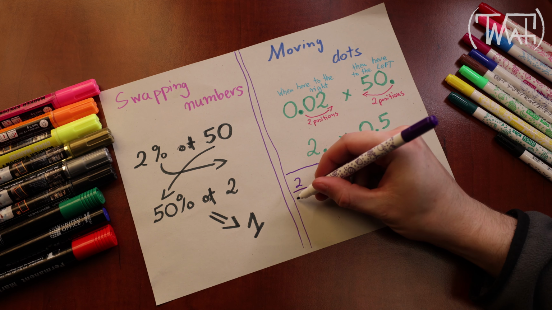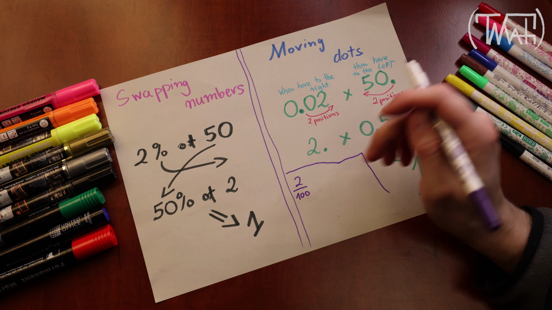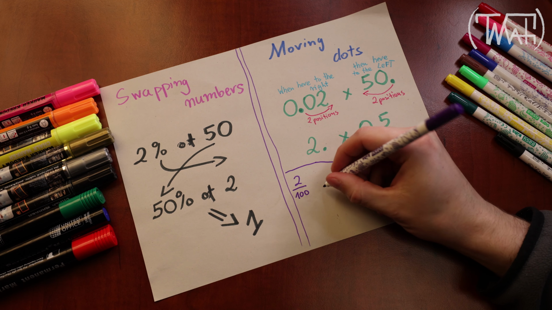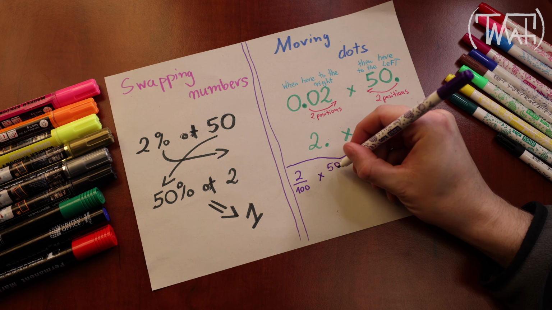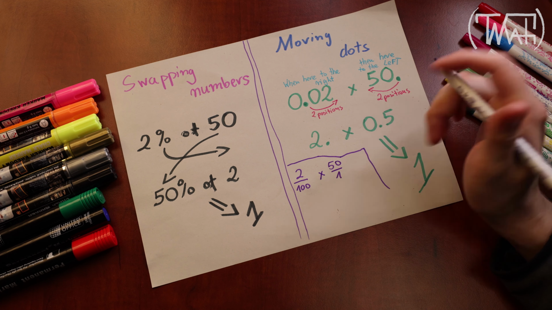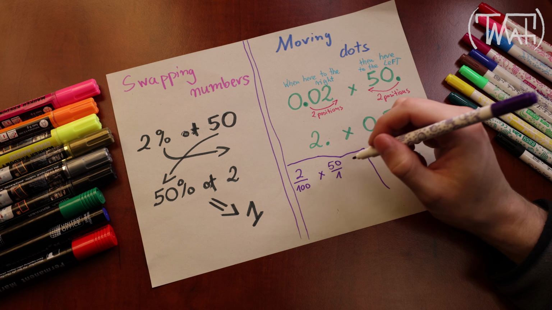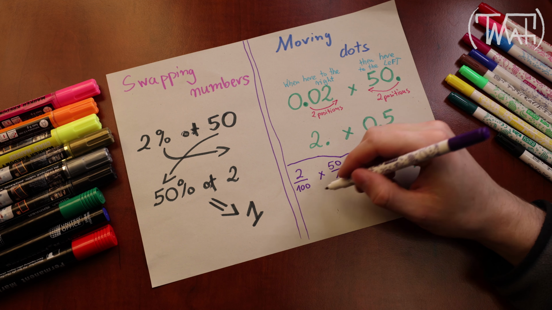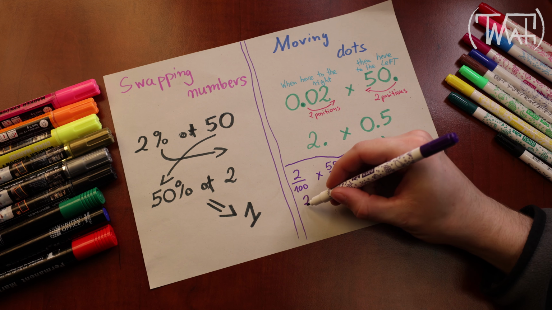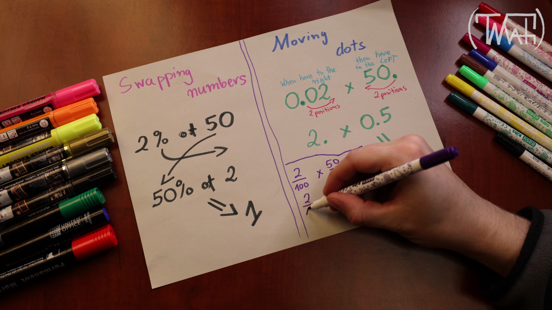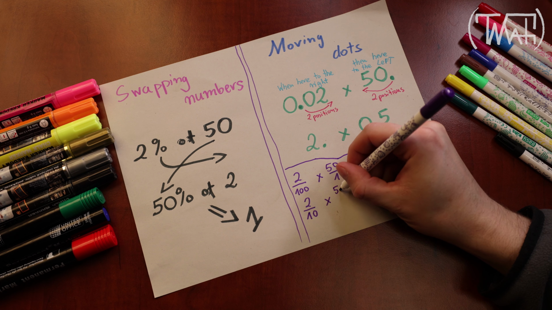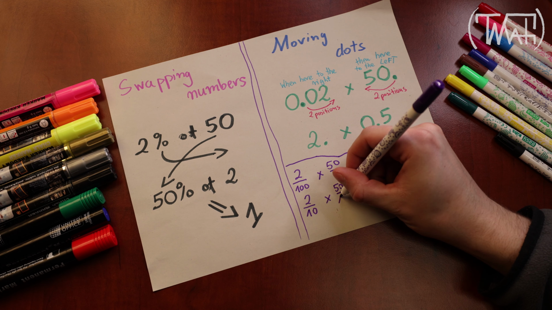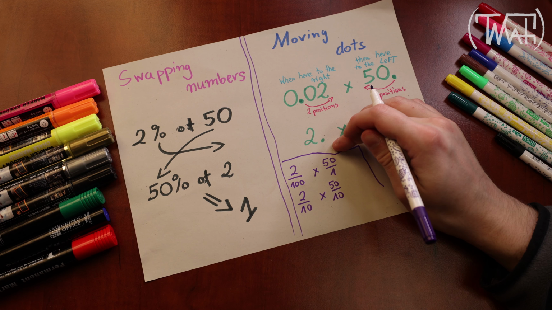Because it will be 2 per 100 here, and here it will be 50 divided by 1. So now you can change the order, and you can, for example, make it 2 by 10, and here 50 also by 10, right?